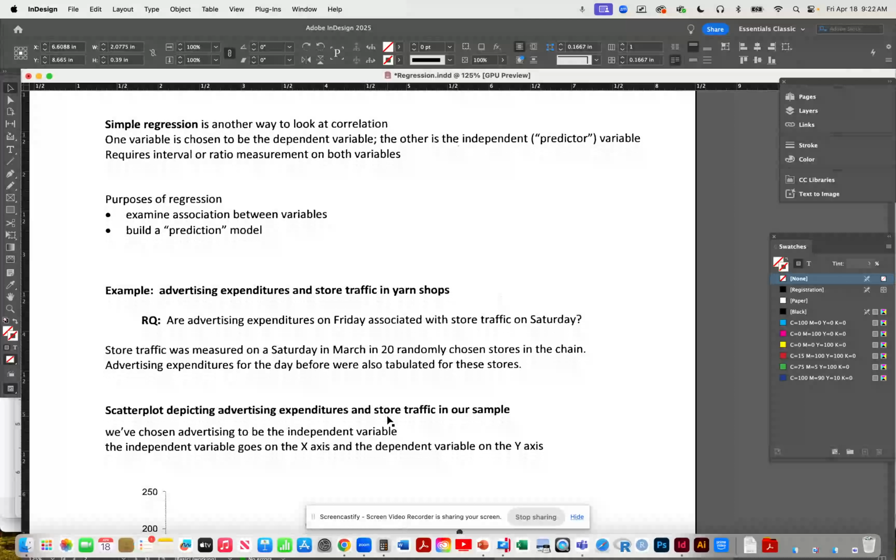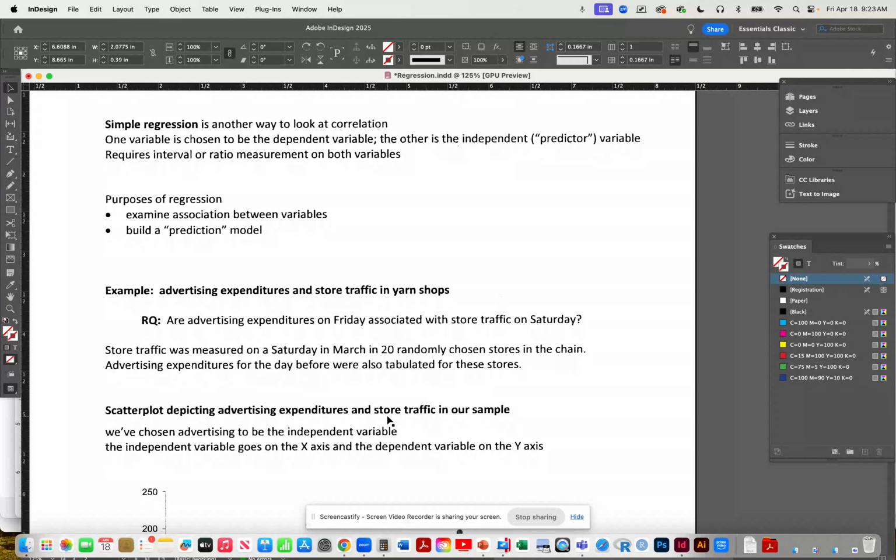Simple regression is another way to look at correlation. One variable is chosen to be the dependent variable, and the other is the independent or predictor variable. As I mentioned a minute ago, it requires interval or ratio measurement on both variables. And we can use regression for two purposes. It's to examine the association between variables.